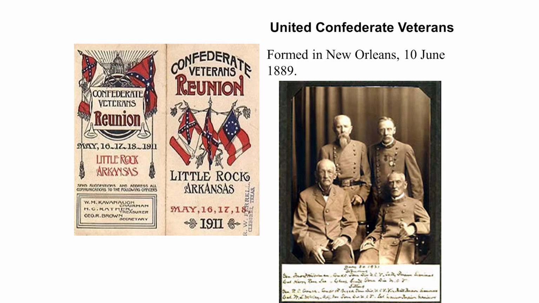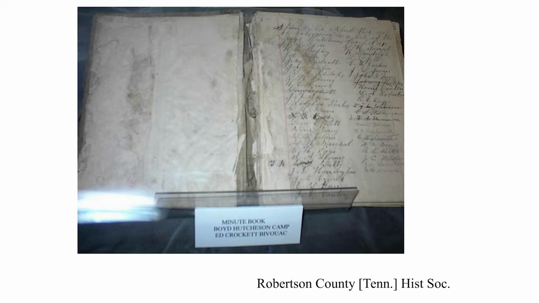So if you want to follow somebody in their participation within those, I've given you the one at LSU, which is the largest collection, but we have a partial collection of Tennessee's United Confederate Veterans here in the manuscript collection within our library and archives.